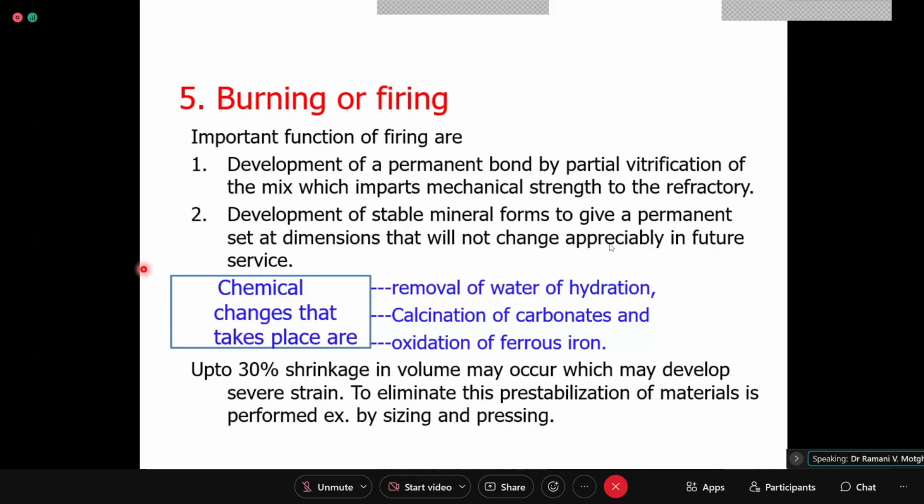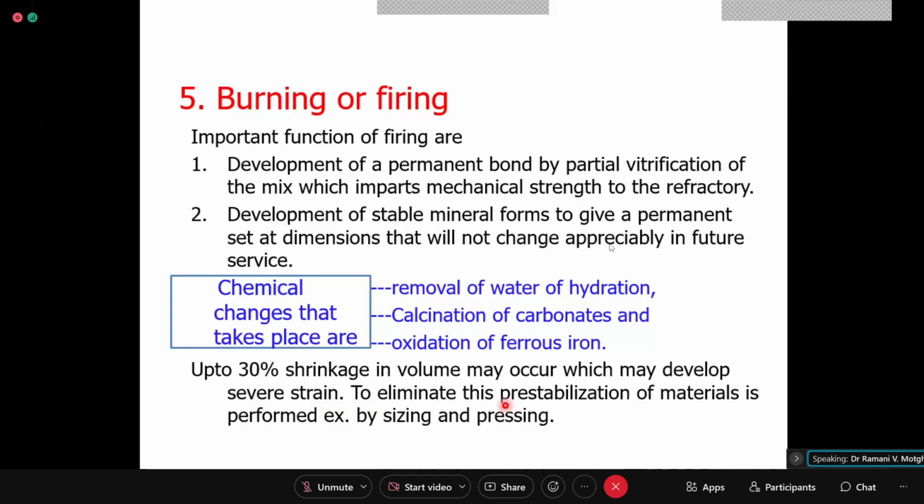So chemical changes that take place are: first one is removal of water of hydration, second one is calcination of carbonates and oxidation of ferrous iron. So up to 30% shrinkage in volume may occur, which may develop severe strain.